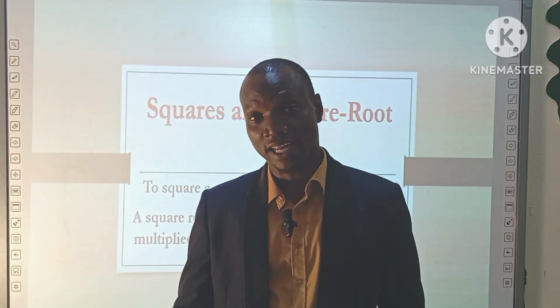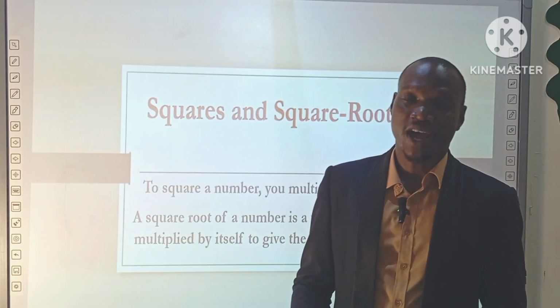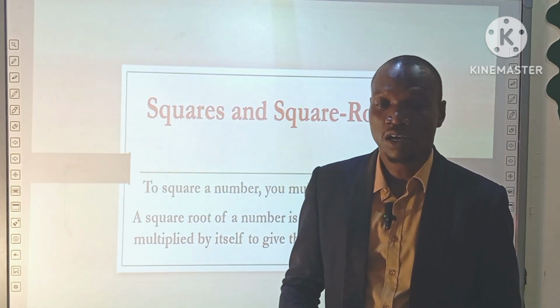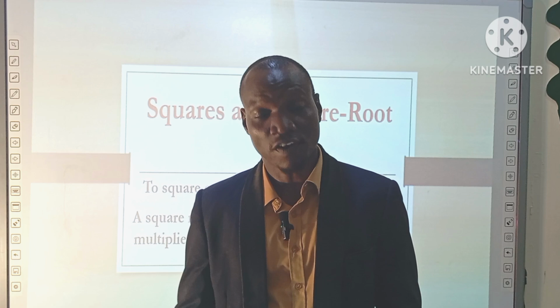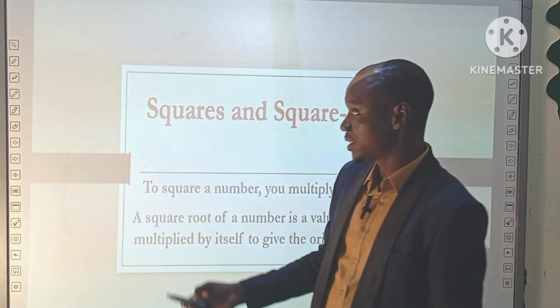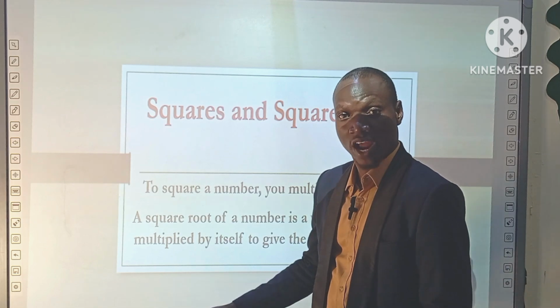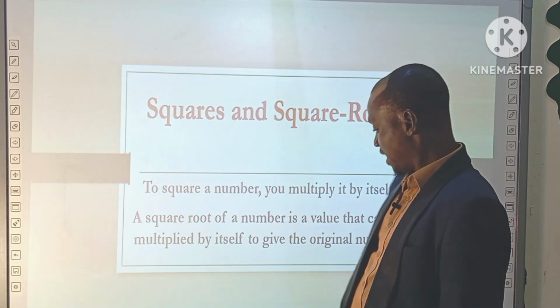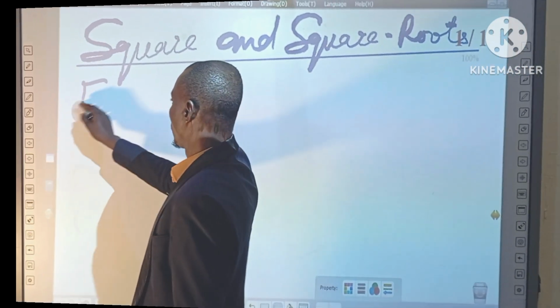The square root of 9 is 3, while the square root of 16 is 4. The square root of 25 is 5. The square root of 36 is 6. So this is what we refer to as square roots and squares of numbers. Let's explore this topic.